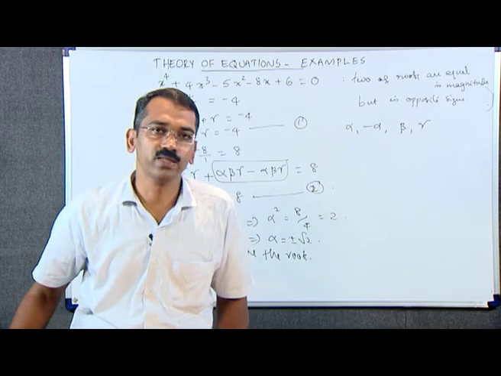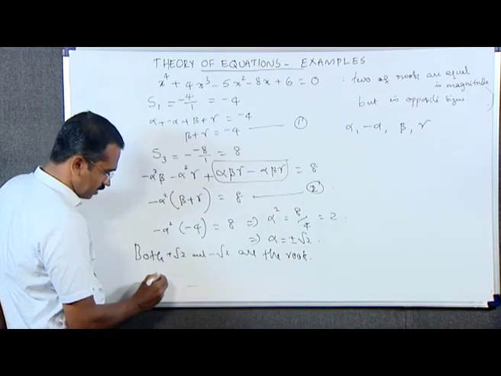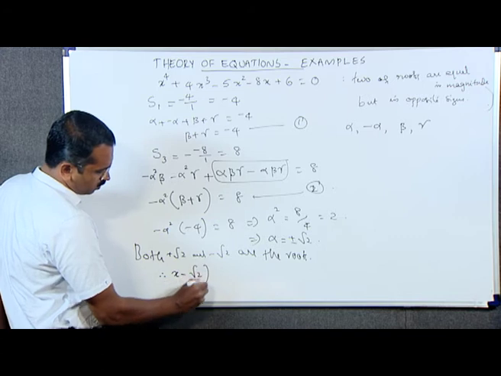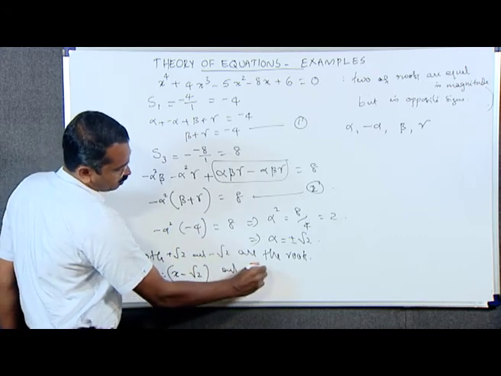Therefore, we can write the factors as x minus root 2 and x plus root 2.